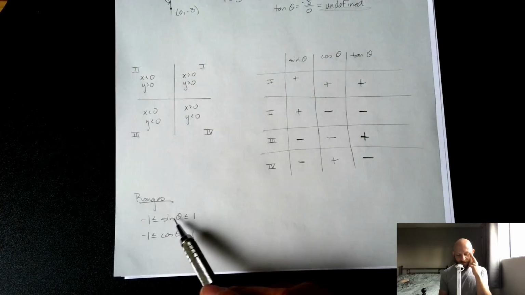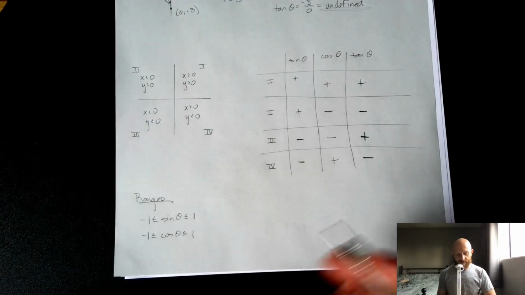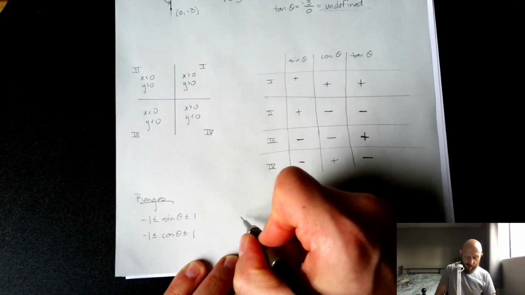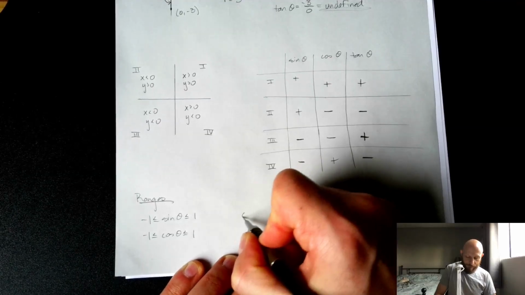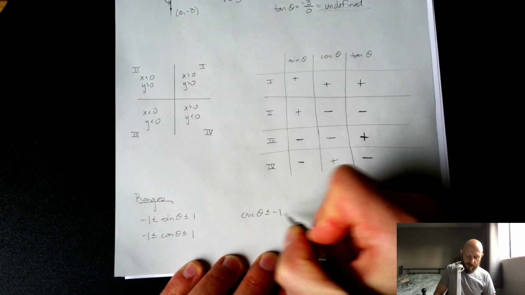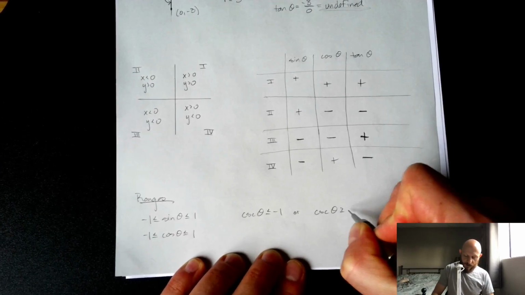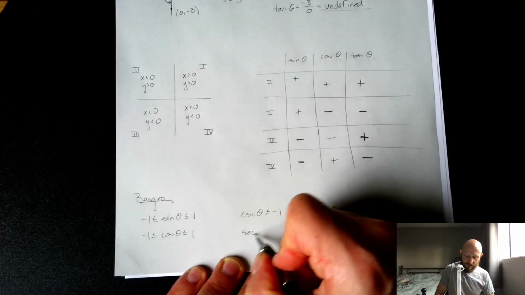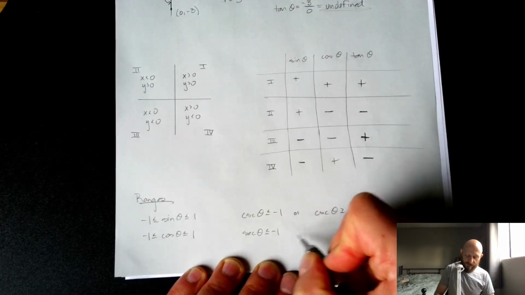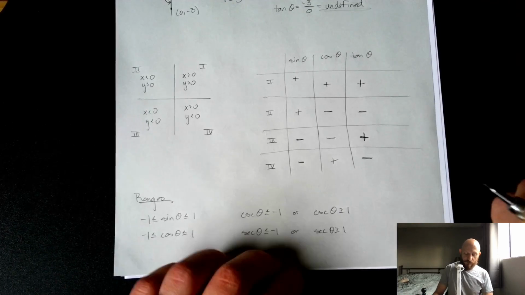Whatever is outside of the range of sine, that's where the range of cosecant hits. So cosecant of theta is either less than or equal to -1, or greater than or equal to +1. Same thing with secant: it's either less than or equal to -1, or greater than or equal to +1.